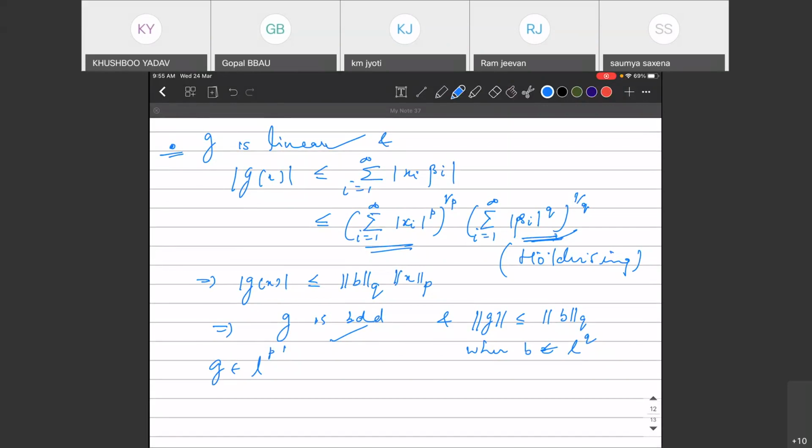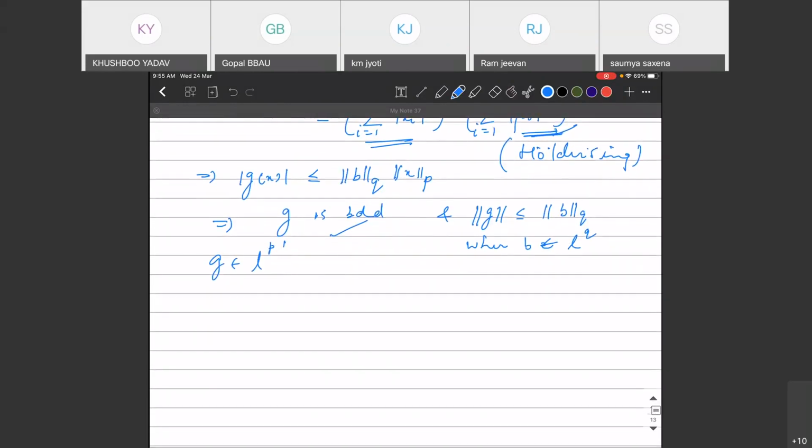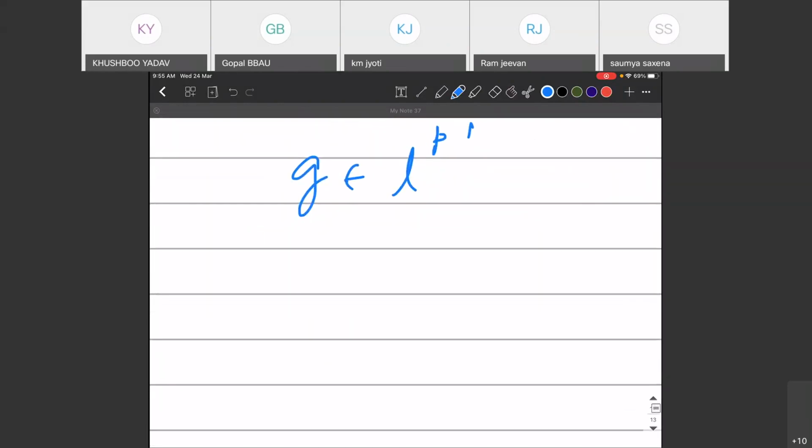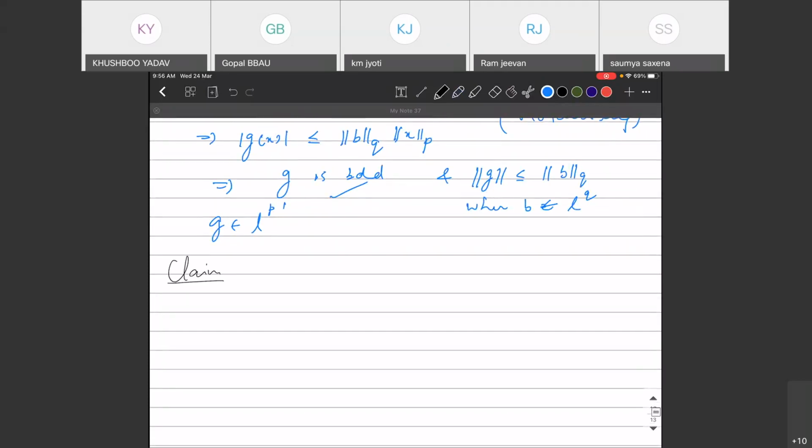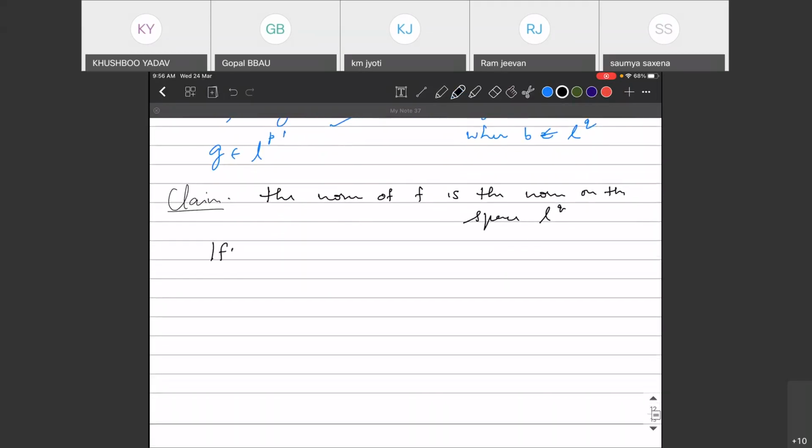Okay, if it is fine I move ahead. So finally we have to prove that the norm of f is given by the q norm. So now the claim: the norm of f is the norm on the space LQ. So it's easy, you have seen it in the previous example.